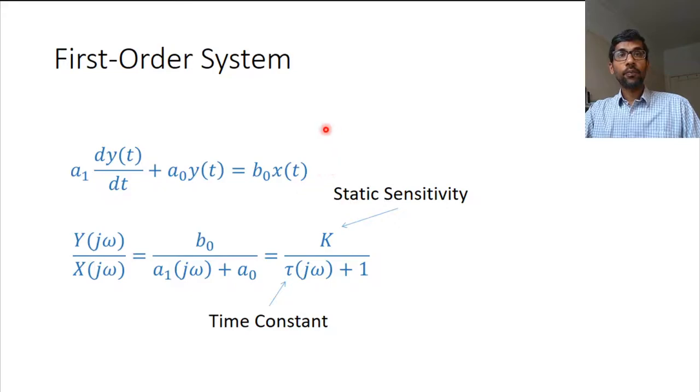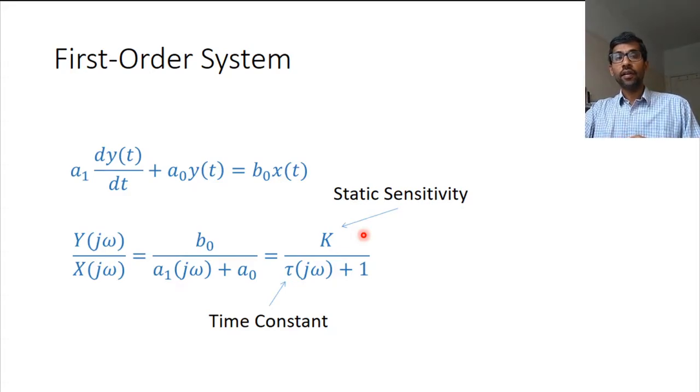Now, if you convert this differential equation into a frequency domain representation and you write y over x in the frequency domain, you get this equation here, where k is the static sensitivity which we saw before in the zero order system, but we have another parameter for describing the behavior of the first order system, and this parameter is the time constant tau here, right? So to describe the first order system you need two parameters, the static sensitivity and the time constant.